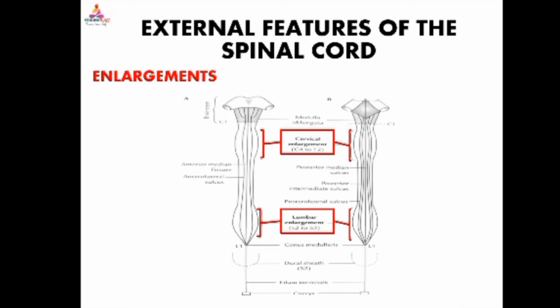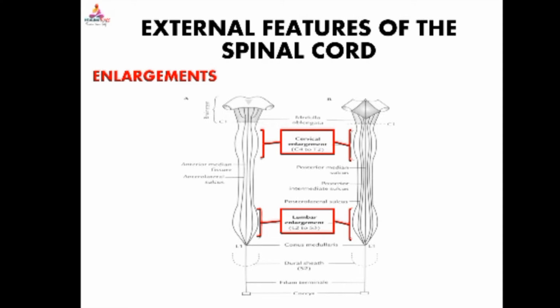Next are the enlargements. Enlargements in the spinal cord. The spinal cord is roughly cylindrical in shape with an average diameter of about 1.25 centimeters. However, opposite to the attachments of the nerve roots contributing to the formation of the brachial and lumbosacral plexus, the spinal cord presents definite uniform swellings called the cervical and lumbar enlargements, respectively.